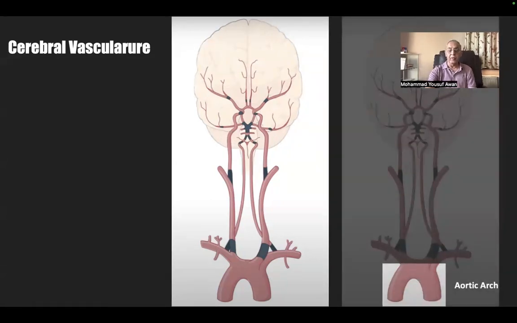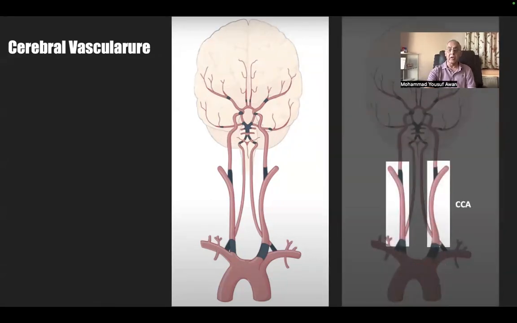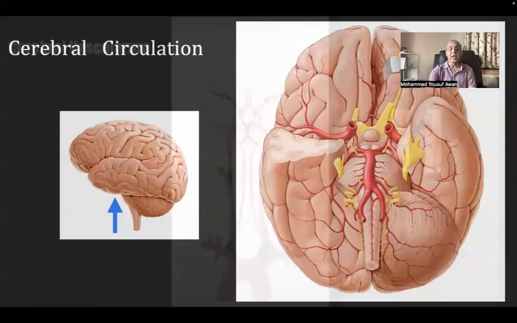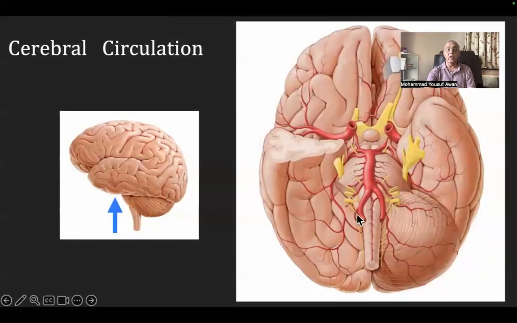From the aortic arch, it gives rise to the common carotid arteries, and from the common carotid arteries arise the internal and external carotid arteries, and then the internal carotid artery divides into the anterior cerebral artery and the middle cerebral artery.